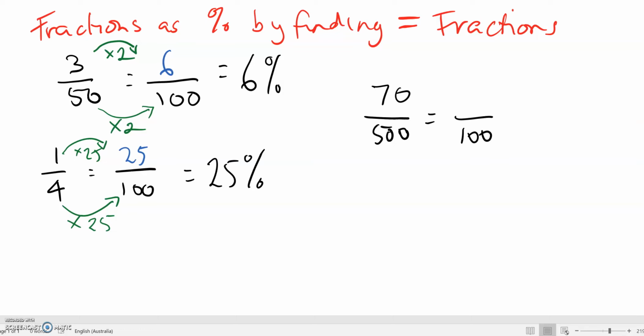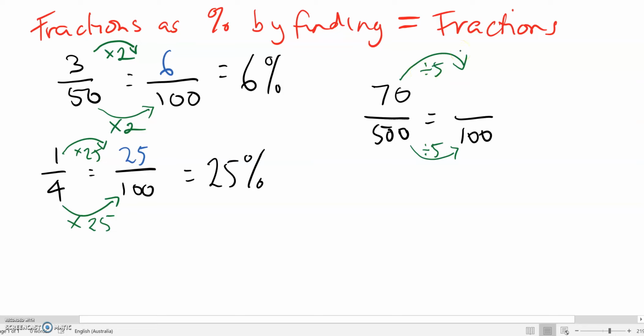So how do we get from 500 to 100? We obviously divide it by 5. Same process. 70 divided by 5, and that will give us, last time I checked, 14. 14 out of 100 gives us our 14%.